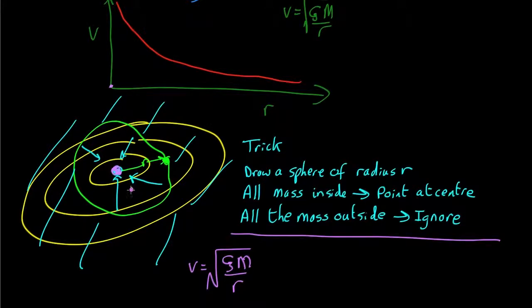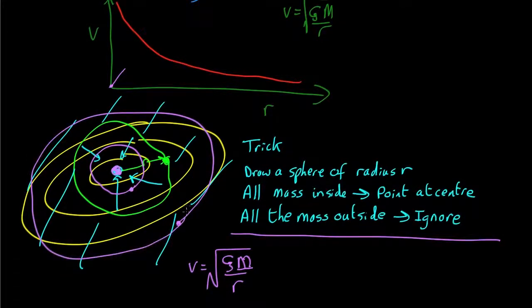As you go out, say to here, now your sphere is larger, which means the mass has got bigger. r has also gone up, but normally the mass goes up by more, so the speed goes up. Eventually you get to the edge of the galaxy, and now your sphere includes all the mass in the galaxy, so that's now the mass of all the stars in the galaxy.